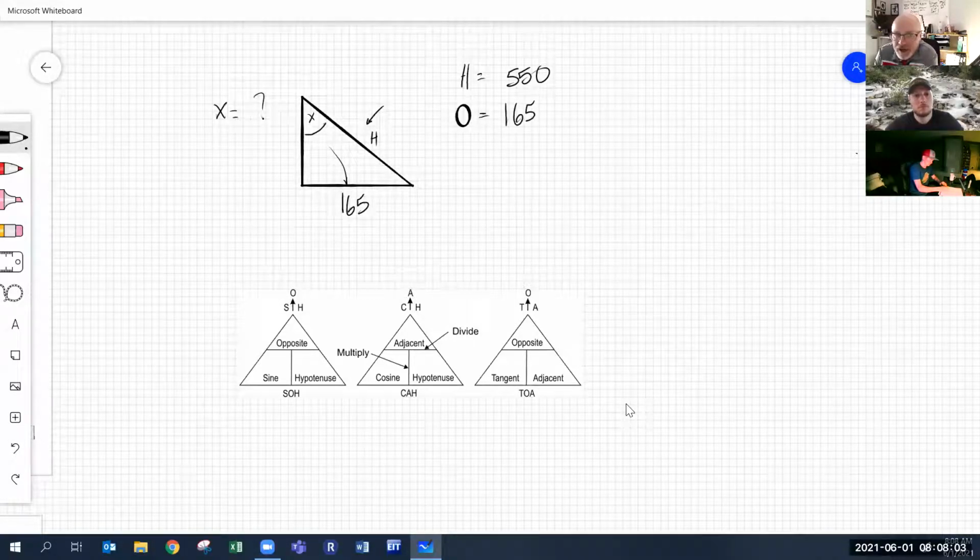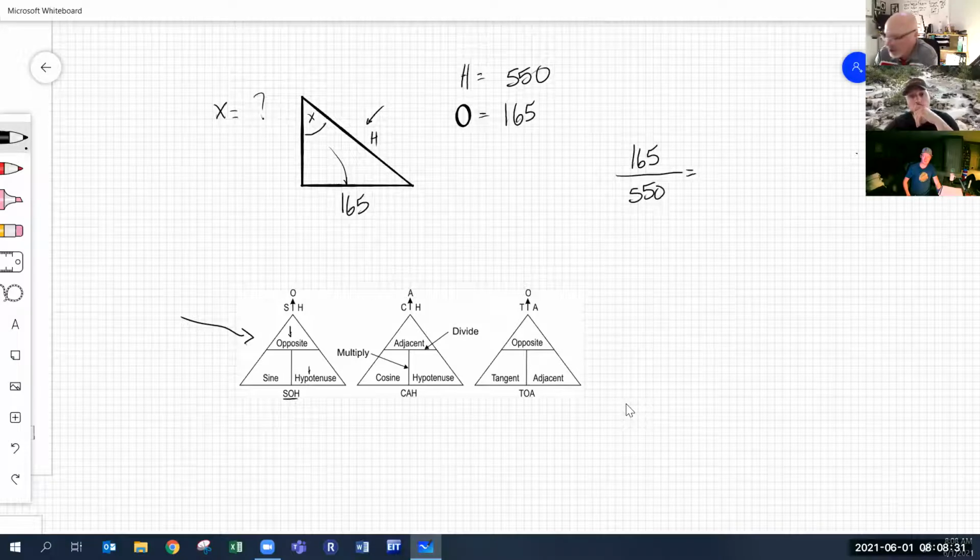So we want to find the angle. We look at the two that we are given. Remember, you're always given two variables. If I look at H and O, I have the opposite and the hypotenuse. So that's SOH. It says take the opposite, divide it by the hypotenuse, and you will get a ratio for that angle.